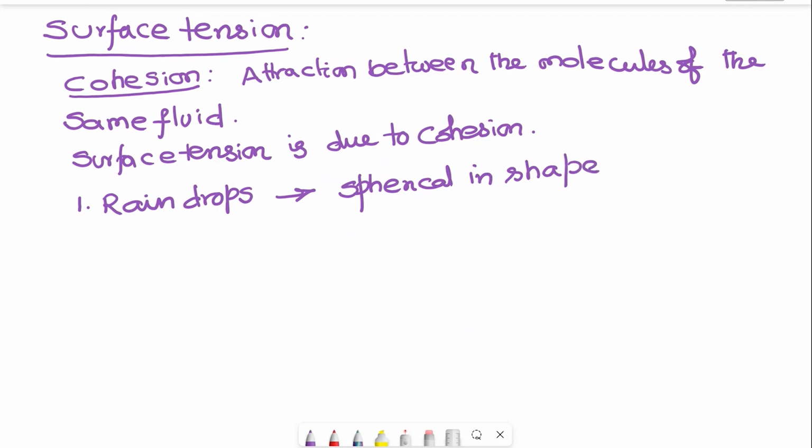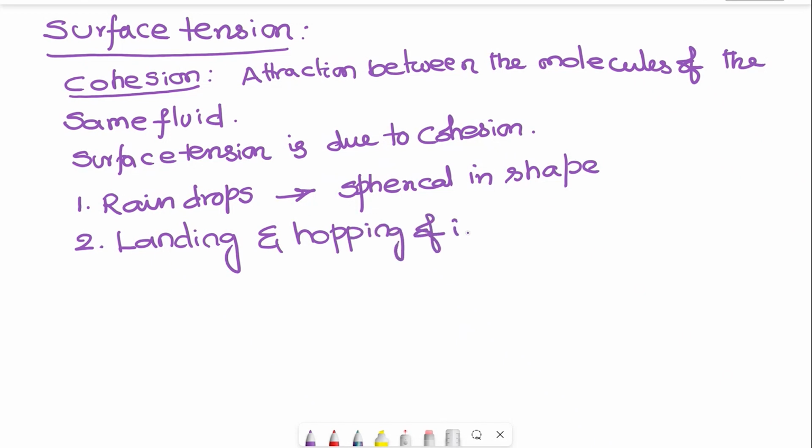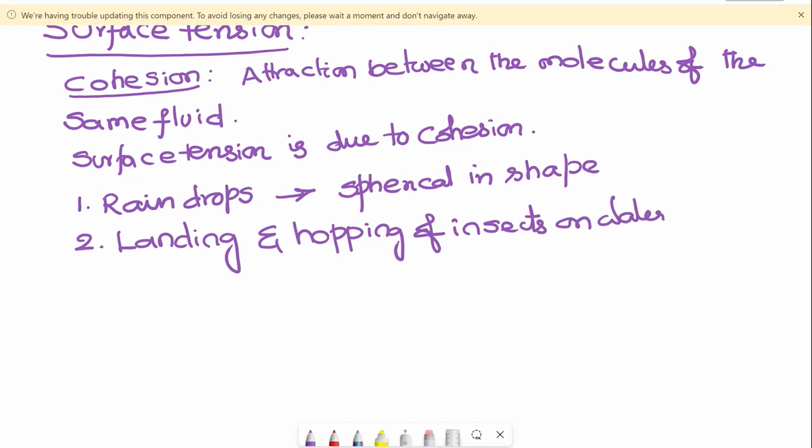For example, have you observed landing and hopping of insects on the water surface?